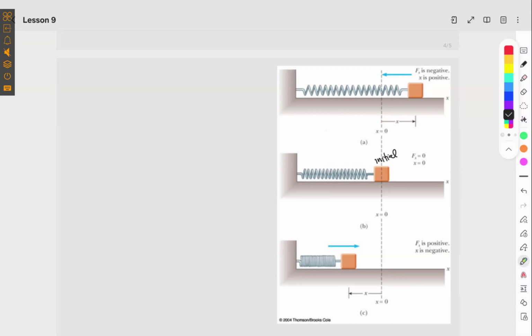So if x is positive, when x is positive, the spring is stretched.